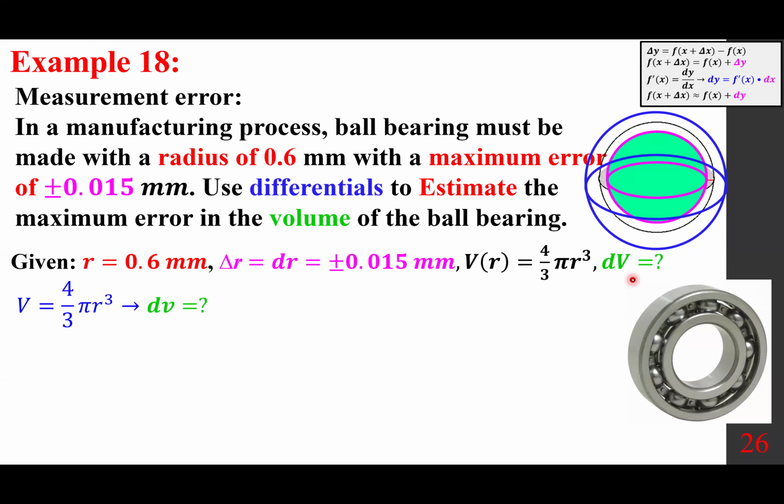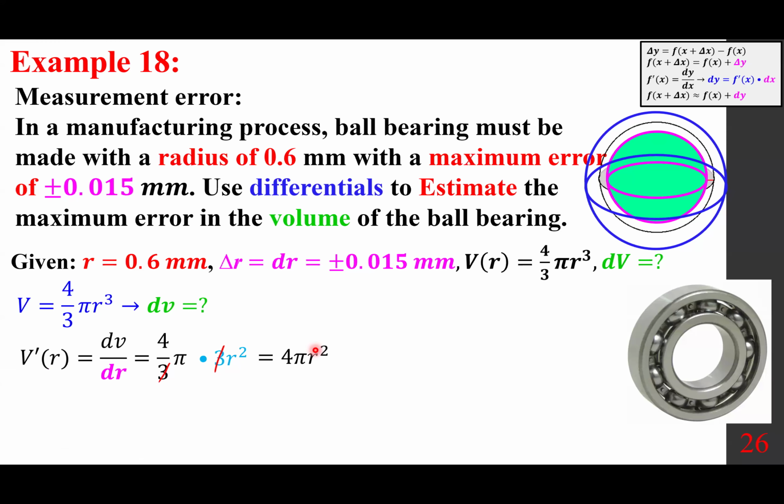And so, well, V prime of R, that means dV dr and 4/3 pi remains unchanged because it's a number. You just work with R cubed. You get 3R squared. By the way, the independent variable is R here. So you get 4 pi R squared.